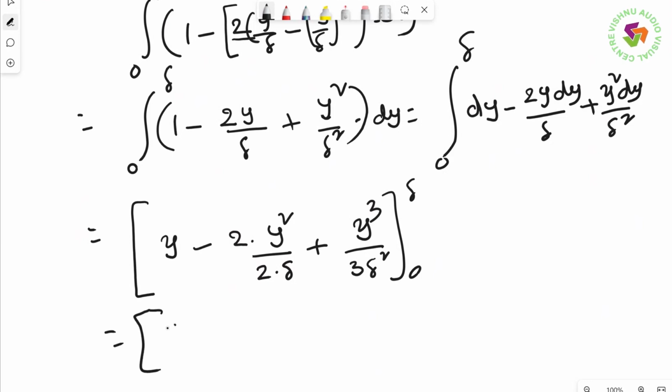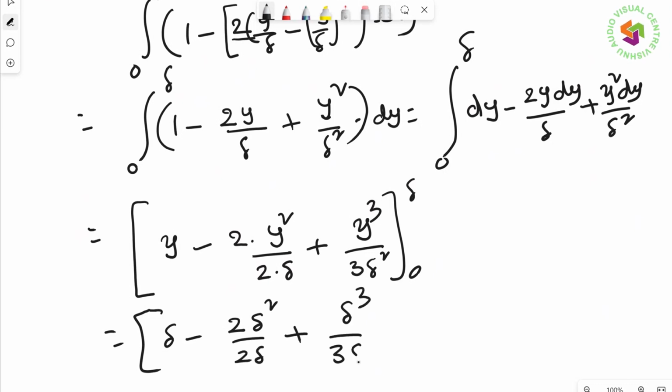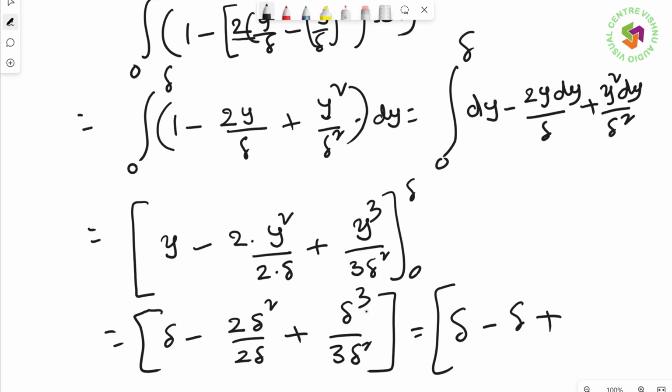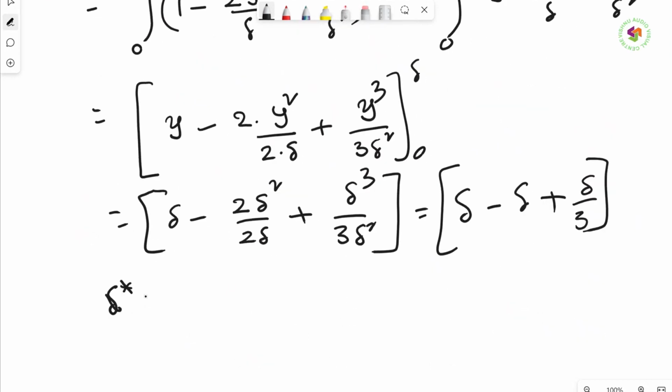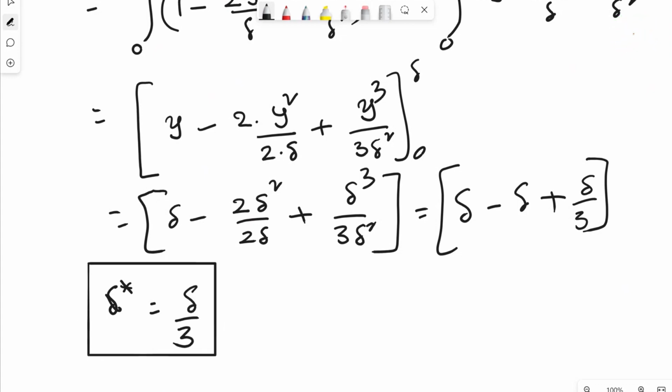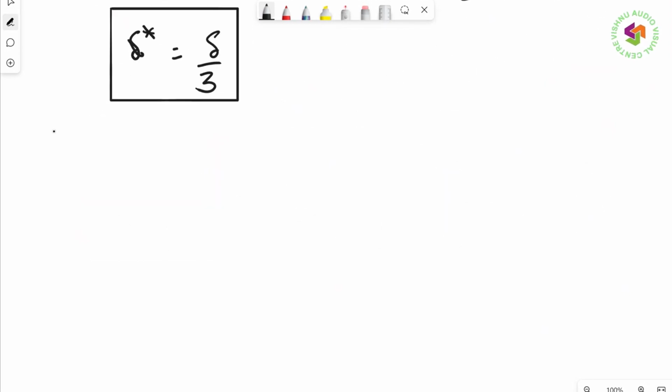So if I put in delta minus 2 delta square by 2 delta plus delta cubed by 3 delta square, it is delta minus delta plus delta by 3. So the answer is finally delta star is equal to delta by 3. So this is the equation for the displacement thickness.